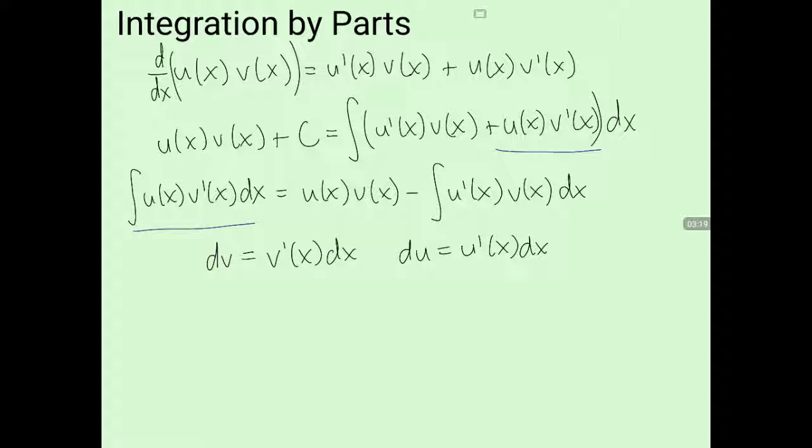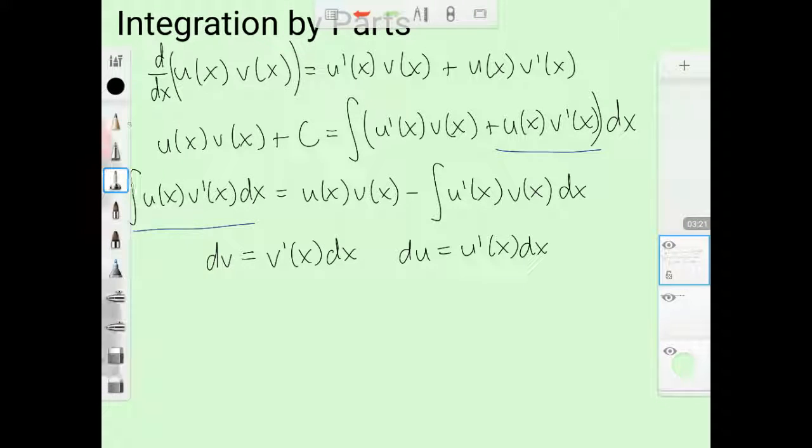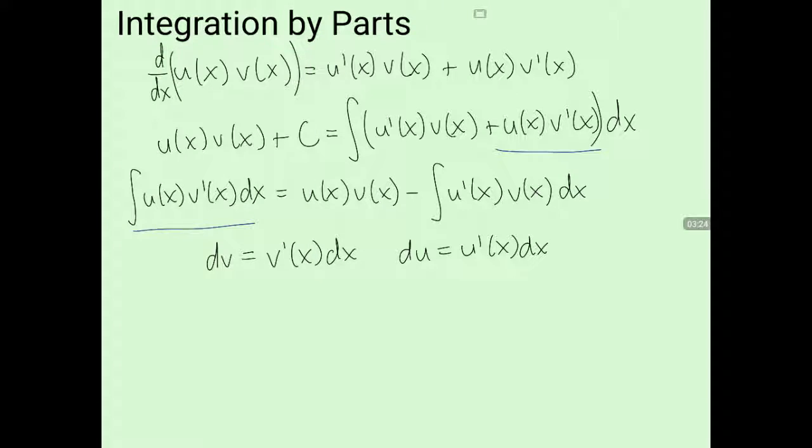So your integration by parts formula, usually it's going to be written in this form. The integral of u dv equals u times v minus the integral of v du. Now this is exactly the same as this formula that we wrote in this third line over here. It's just simplified with dv and du.